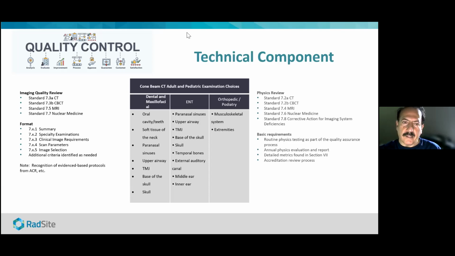And so, unlike any other organizations, it's important that we not only look at the physics parameters, which we probably do more than any other accreditation organization, but also from a clinical perspective, is the report itself essentially addressing what are the important points? And the emphasis is not so much on pass fail as far as the evaluation, but how can we create education?